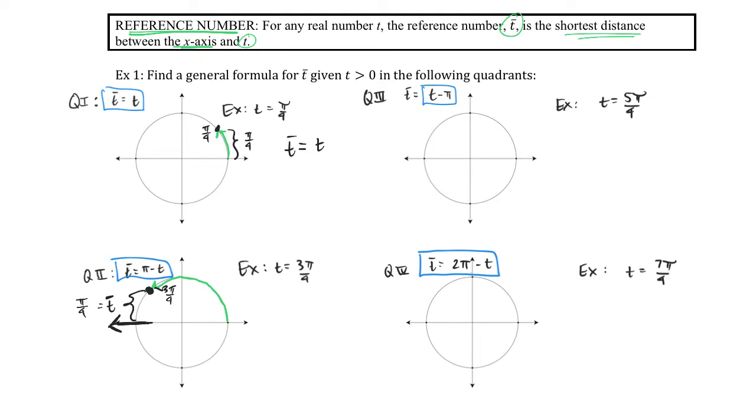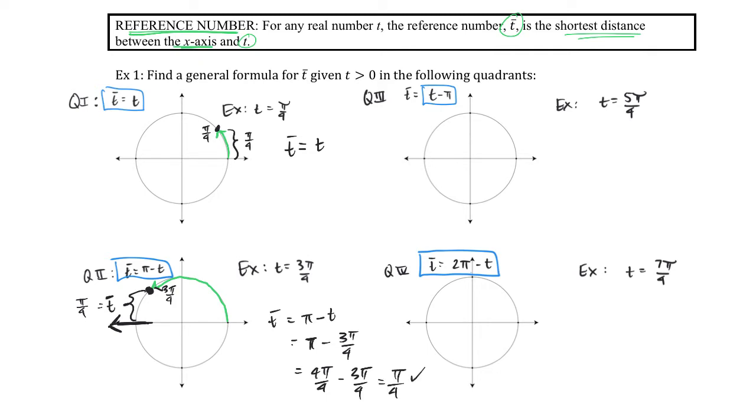So in quadrant 2, what you do is you take pi and subtract your angle. So we take pi minus 3 pi over 4, and you always want to get a common denominator there.